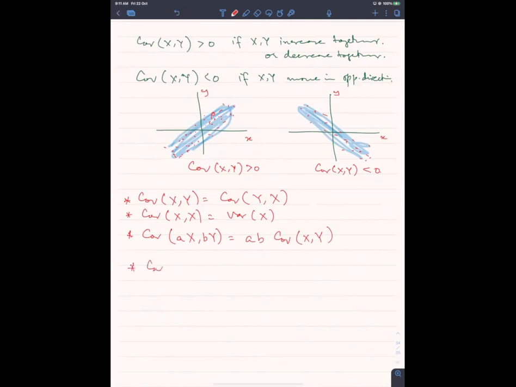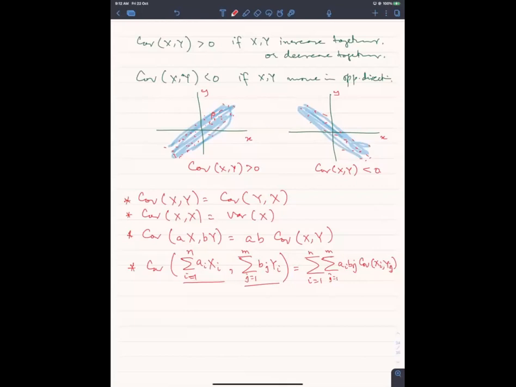And similarly, covariance of summation i equals 1 to n a_i x_i, comma summation j equals 1 to m b_j y_j. ठीक है, यही आपके पास sum of the random variables weighted by some constants and sum of random variables weighted by some other constants, this would be equal to summation i equals 1 to n, j equals 1 to m, a_i b_j, covariance of x_i y_j.